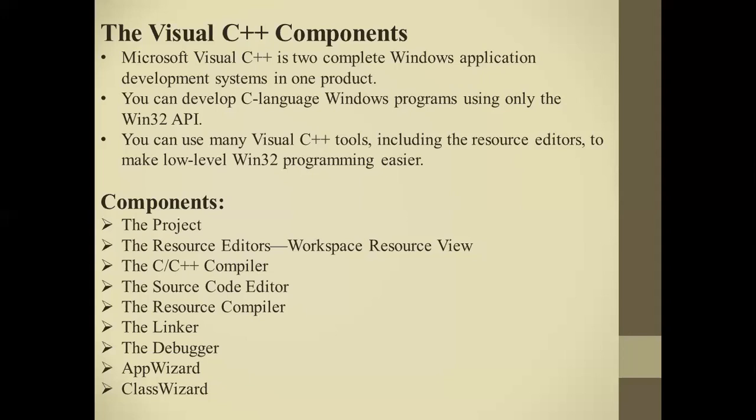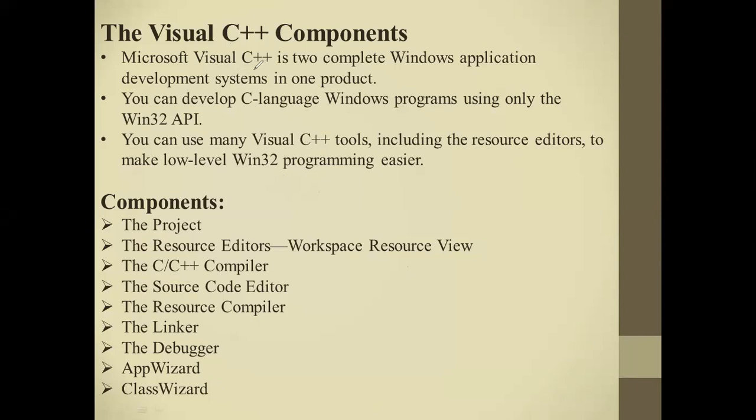Visual C++ basically has two components. It supports two languages actually. One is the C language, and the second one is the C++ language. That's why we can say Microsoft Visual C++ is two complete Windows application development systems in one product.